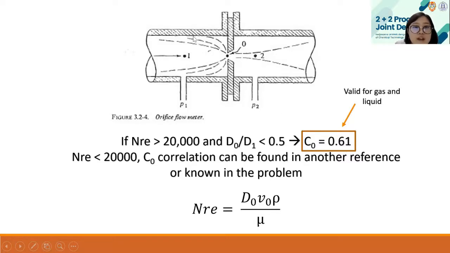However, if the NRE is less than 20,000, and DO over D1 is, let's say, 0.6, then for CO we cannot use this 0.61. We have to find it from another reference or from the problem.